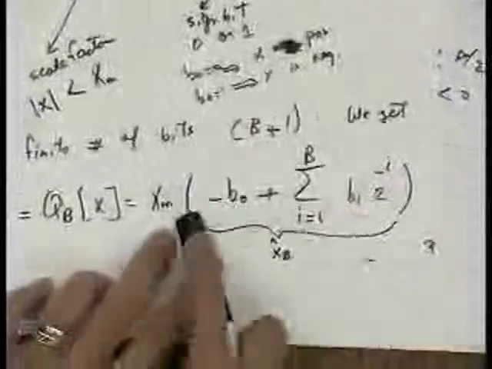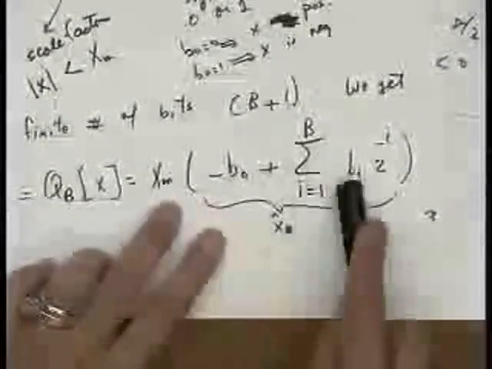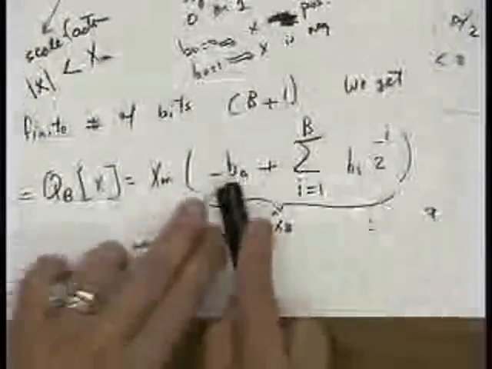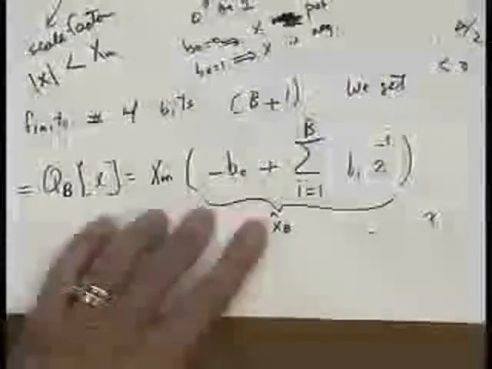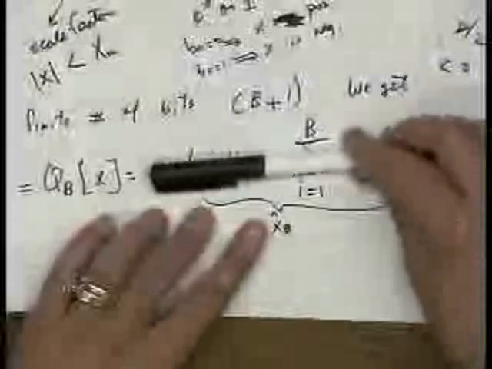Yeah. So let's just plug it into this. B0 is 1, and B2, B3, B4 are 0. So this thing is 0. So minus 1, and x of m was 8. So minus 1 times 8 is minus 8.